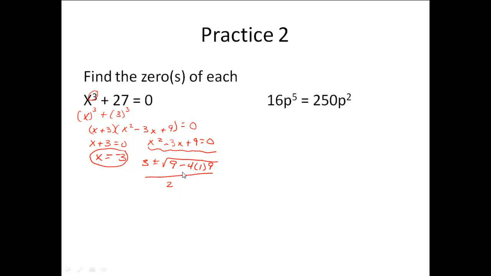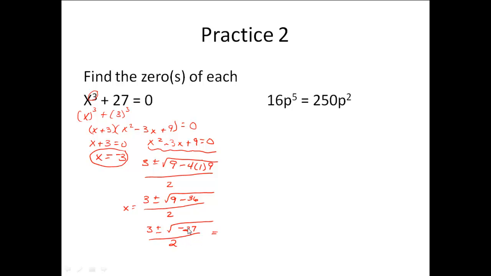Then I'm going to go ahead and start to solve that out. So I would have 3 plus or minus the square root of 9 minus 36, all divided by 2. And then I would have 3 plus or minus the square root of negative 27. Notice I'm getting a negative here again, so we're going to have an i in our answer.